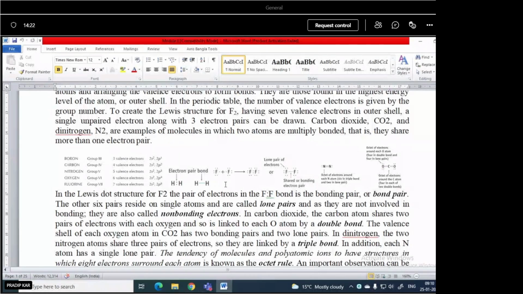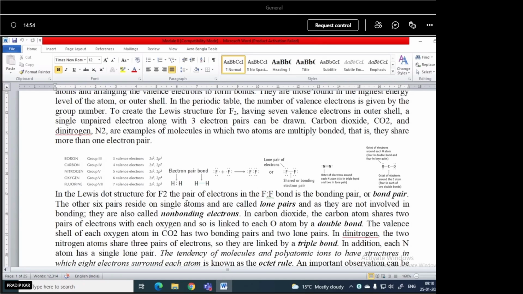Okay, in case of fluorine, here is the 7 valence shell electrons. So you can see we have drawn 7 dot electrons around the fluorine to show the Lewis dot structure of F2. Okay, or we can draw like this. In case of nitrogen, here is the drawing. So here, in case of CO2, here is the drawing.